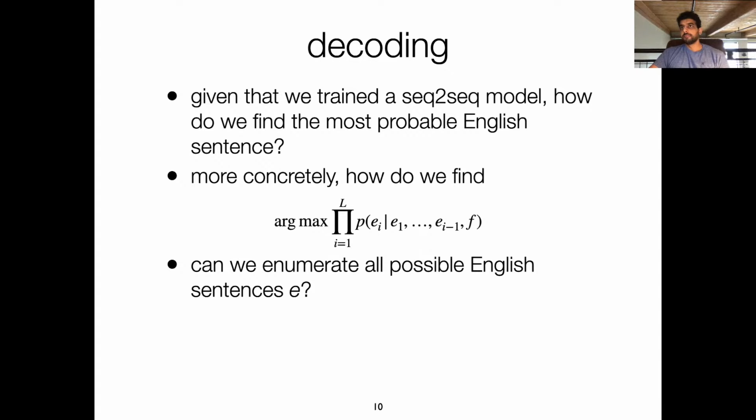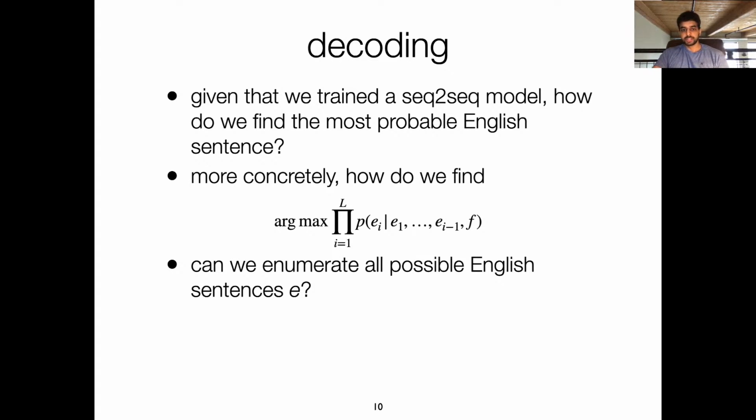First of all, I have probably a huge vocabulary of tens of thousands of tokens. I don't know what the length of this translation is going to be, and enumerating all possible English sequences is just going to be intractable. So this method doesn't work.